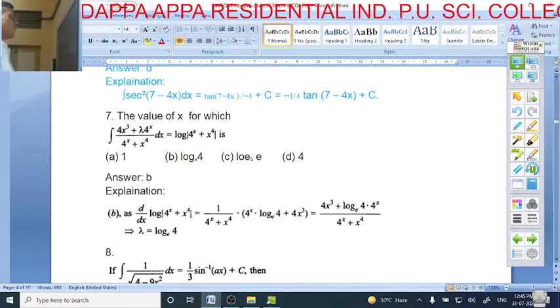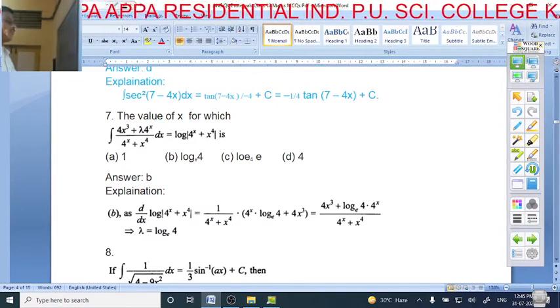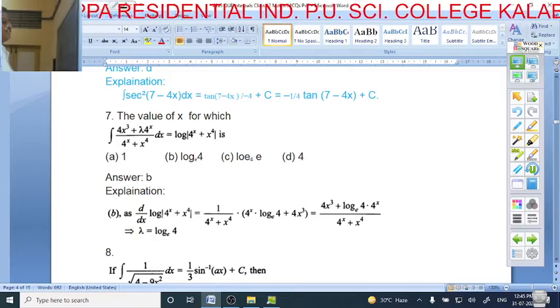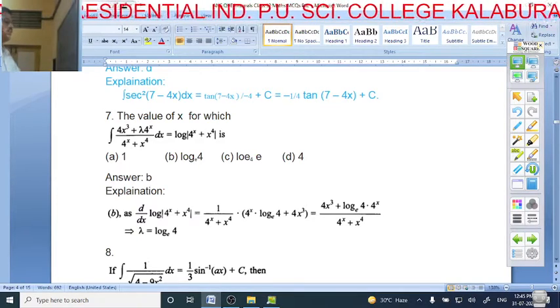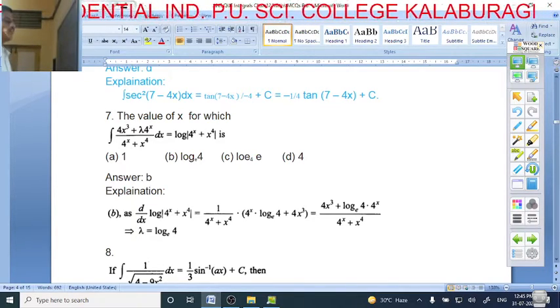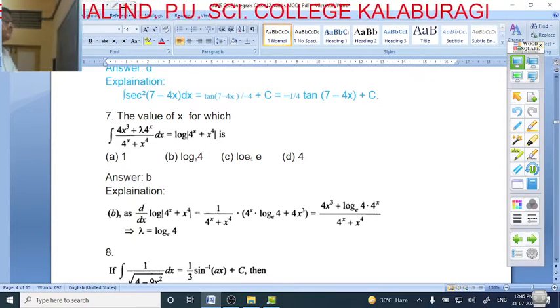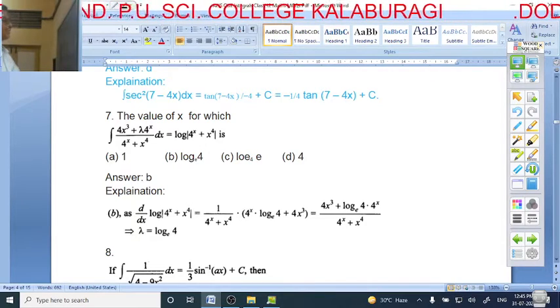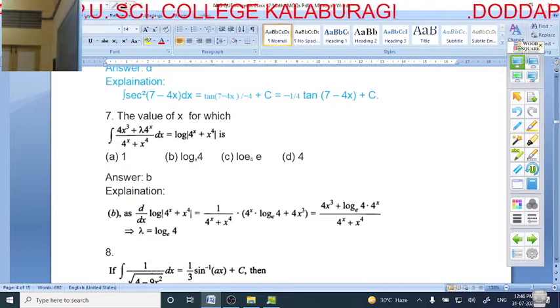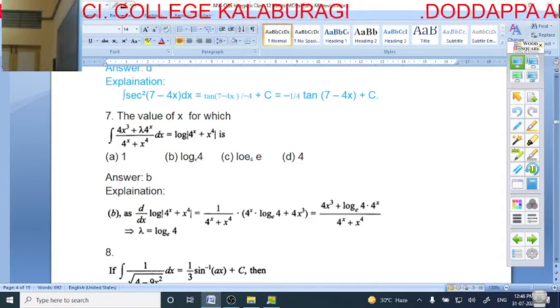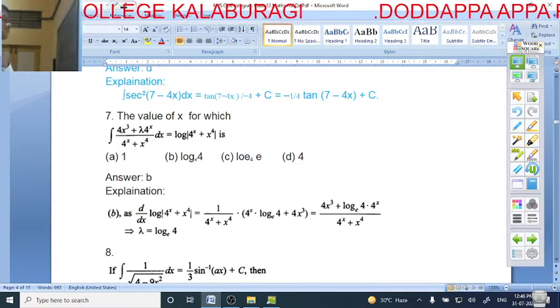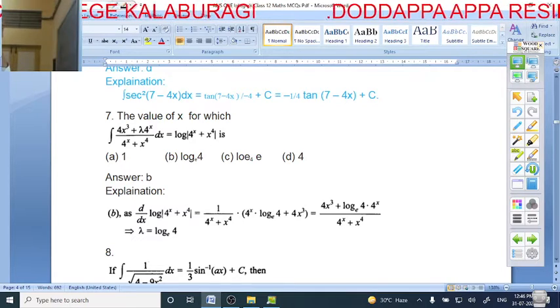Differentiation of this is 1 divided by (4 to the power x plus x to the power 4), and the differentiation of 4 to the power x is 4 to the power x times log 4, plus the derivative of x to the power 4 is 4x cube. So it remains (4x cube plus log 4 times 4 to the power x) divided by (4 to the power x plus x to the power 4).